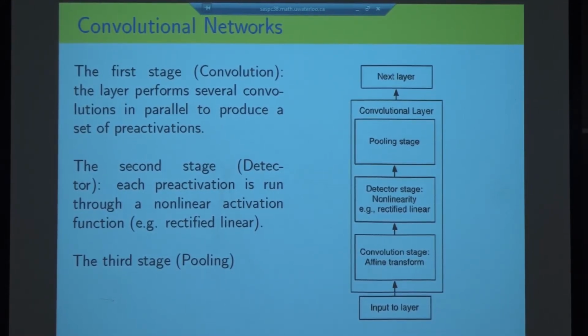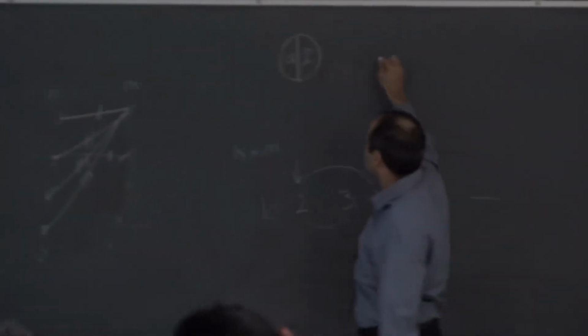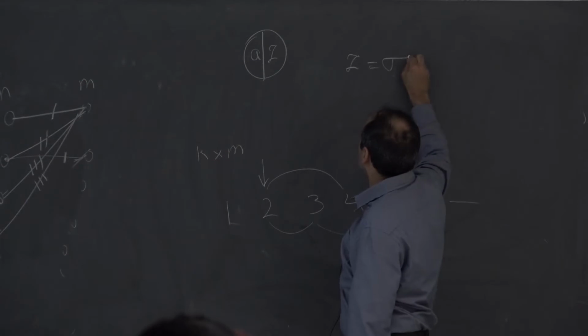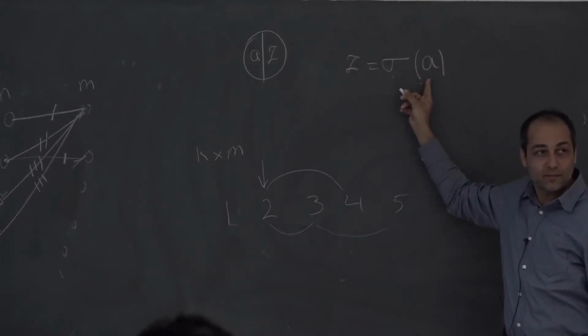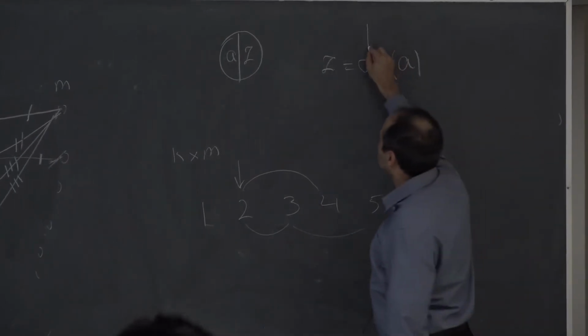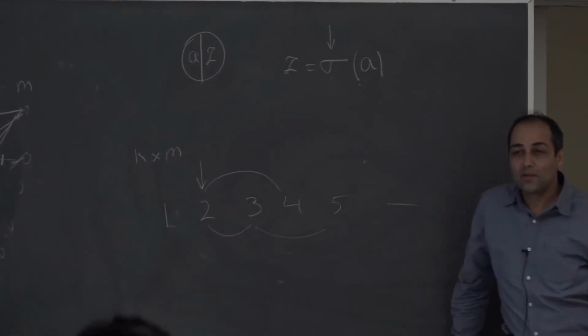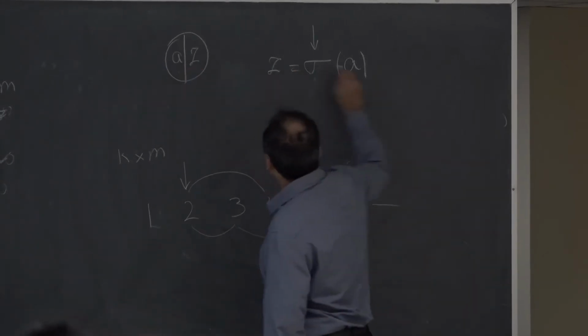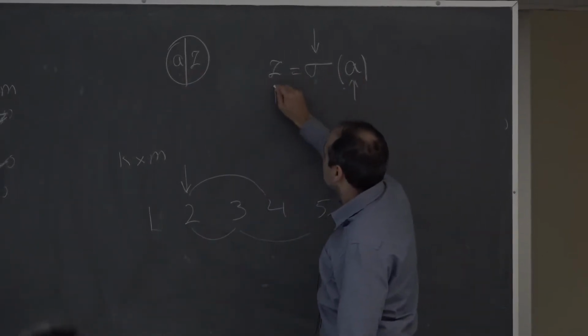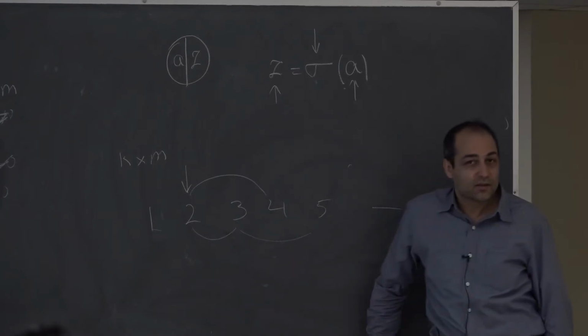We show it by A. And then there was this part Z, and Z was some nonlinear function applied to A, right? And that was, for example, a sigmoid function. This is pre-activation value, and this is after activation.